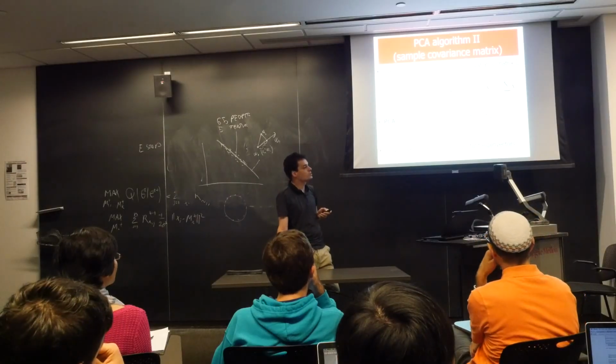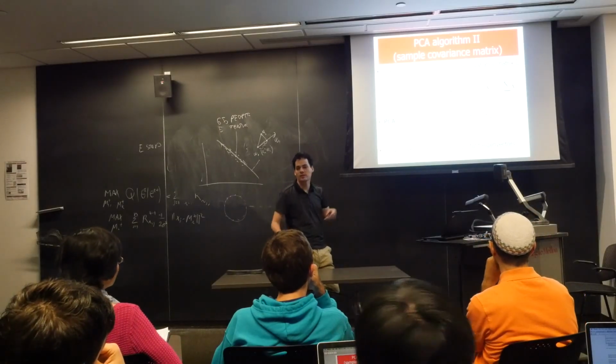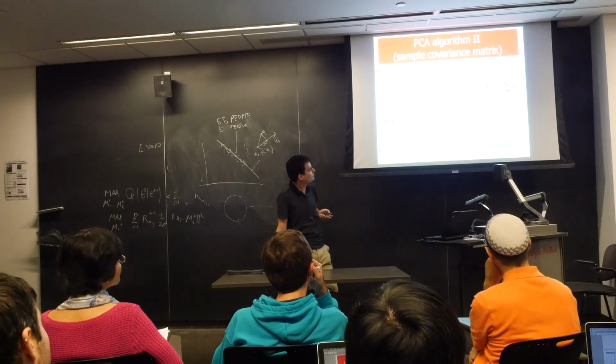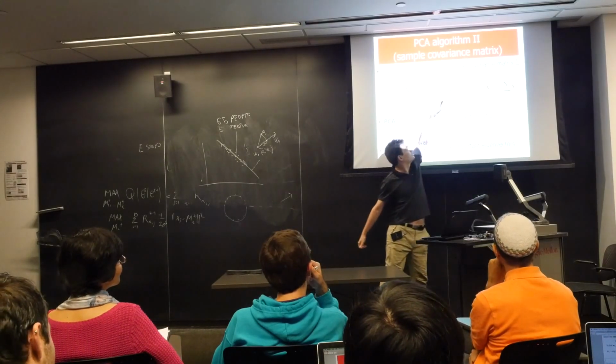Is the algorithm clear? So you just calculate the empirical covariance matrix. You're missing an i there, right? It's Xi. Oh, there's an Xi here. Good point.